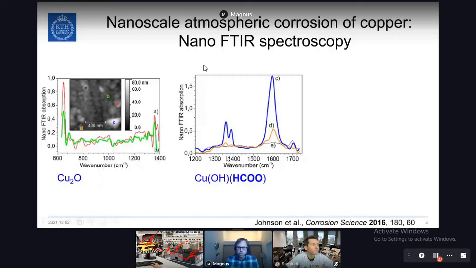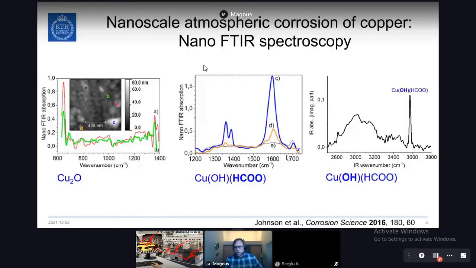If we look in another spectral region, we have 3 spectra, C, D, and E. You can see C here, it's a blue one, that's a large particle, and it obviously contains copper hydroxy formate. D, we have down here, the orange one. It gives a little bit smaller peak, but it still consists of copper hydroxy formate. And then we have the particle E up here, that you see has almost no intensity in this region, meaning that that particle consists of something else.